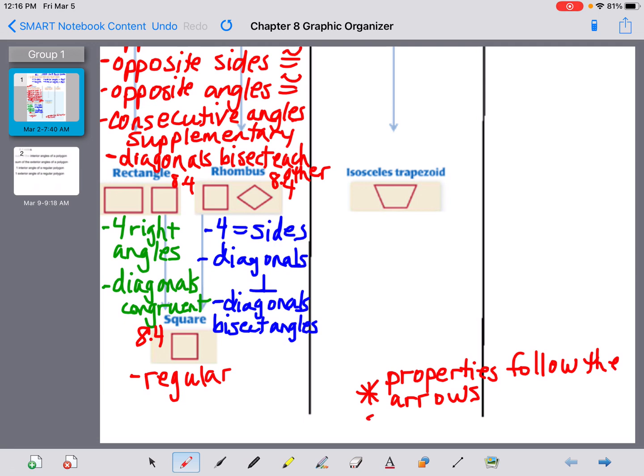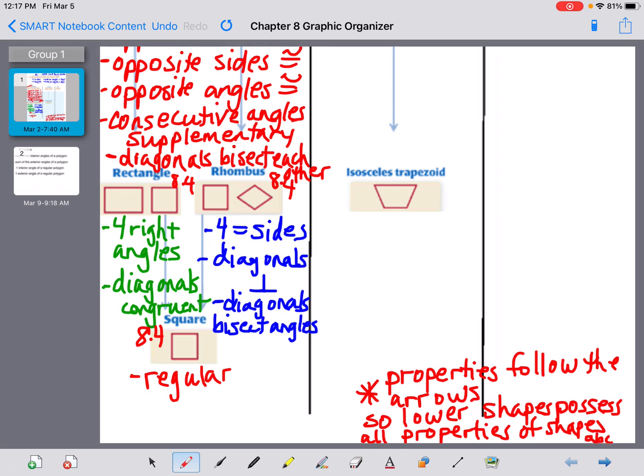So if this makes sense, the lower shapes possess all properties of the shapes above. Okay, so again, that square has all the properties of those things above.